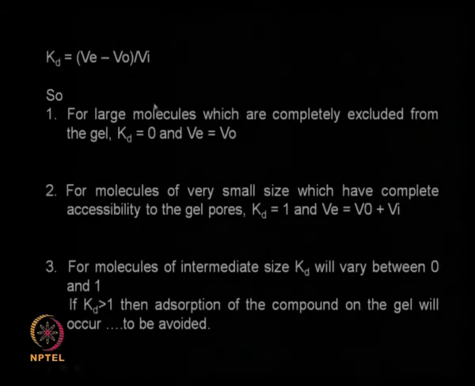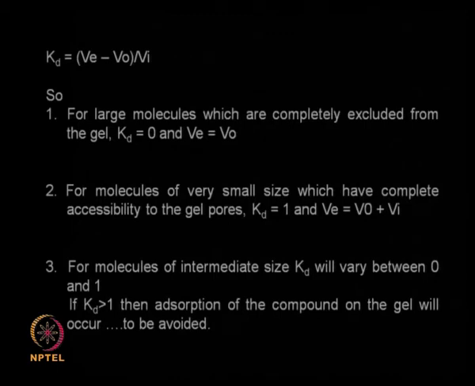So generally we will have these three situations. Kd equal to 0, that means for very large molecules, the molecules are completely excluded from the gel. Kd equal to 1, that is very small molecules, so they are completely accessible to the gel pores.